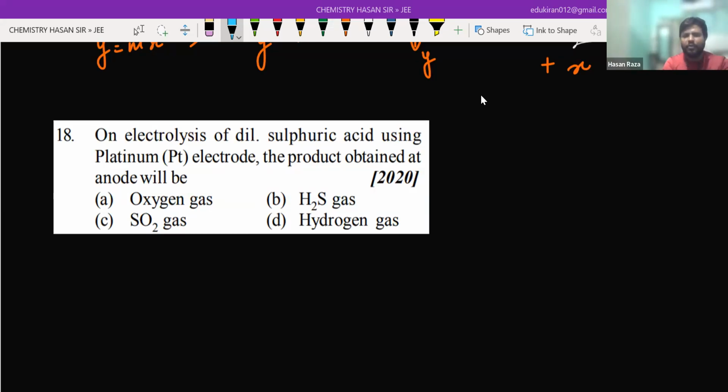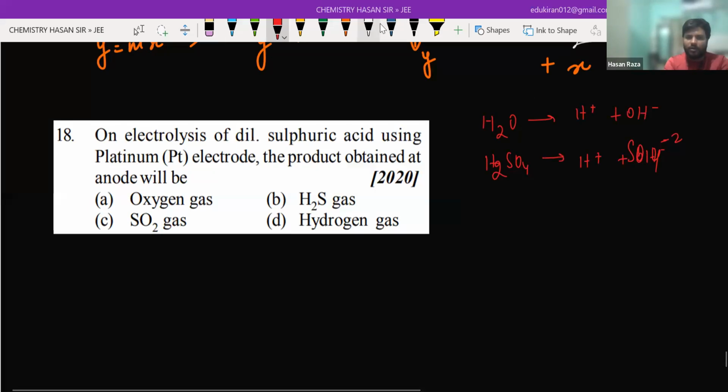I'm going to explain. You can see dilute sulfuric acid. Water is also present there in high level, and H2SO4 is also there. So both will give H plus, and here it will be OH minus, and here it will be H plus, and here it will be SO4 minus 2.